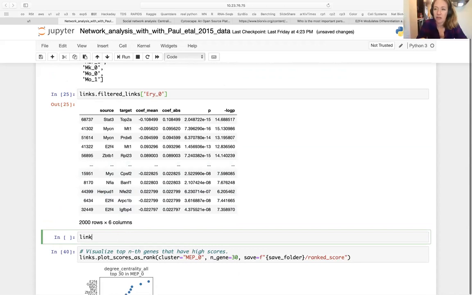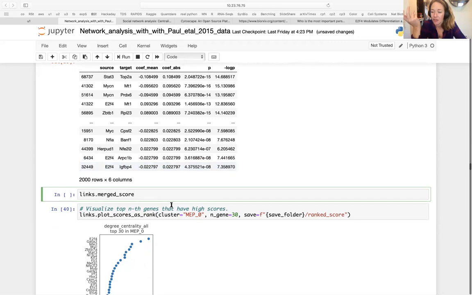For example, I have a question. It's more of a general question here. With CellNet, we used GRN inference to assess the similarity of cell types to each other, so to assess the similarity of an engineered cell type to the target population, the in vivo, bona fide cell type.